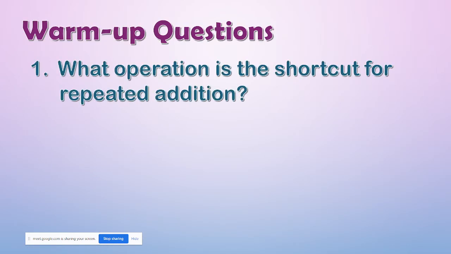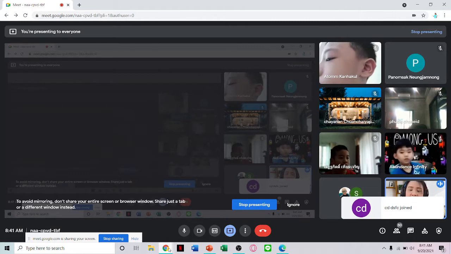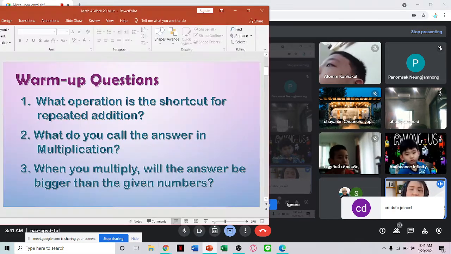For number one, what operation is the shortcut for repeated addition? When you say repeated addition, you have to add again and again. For example, 1 plus 1 plus 1 plus 1 plus 1.